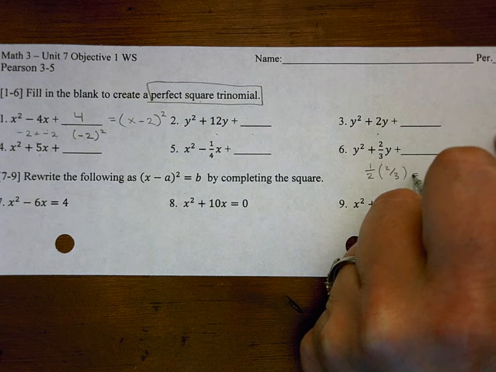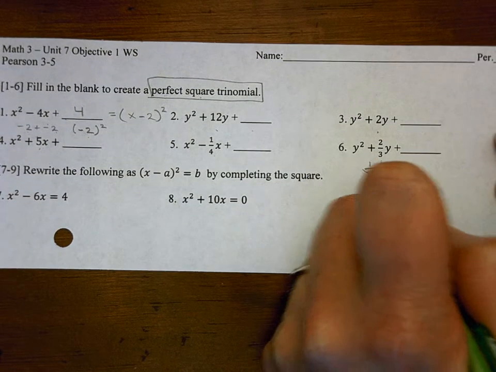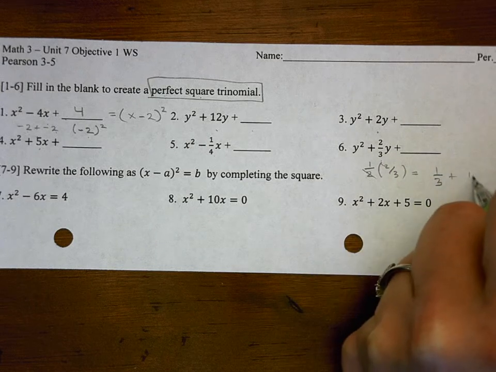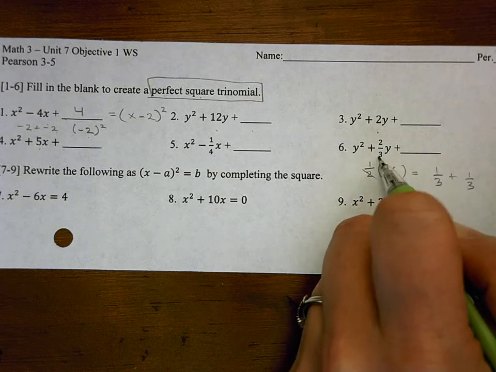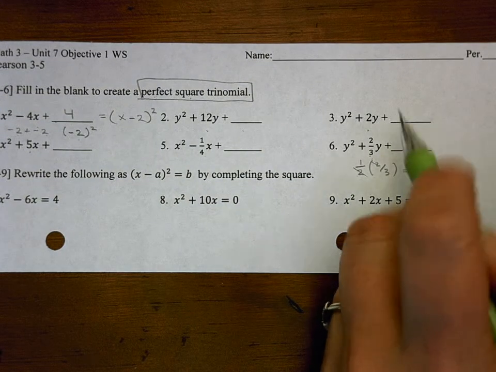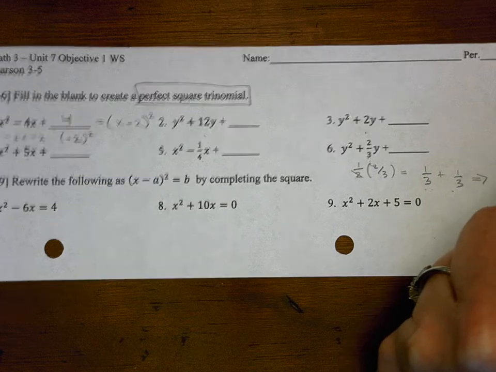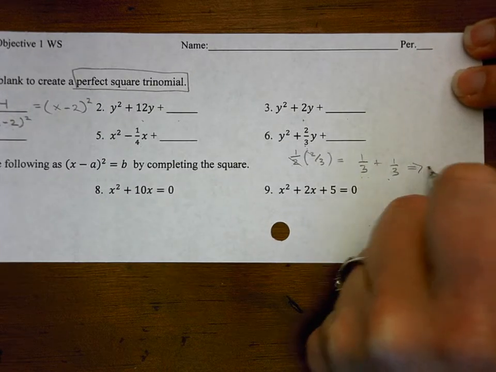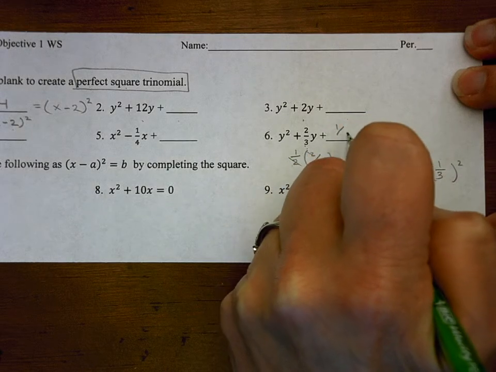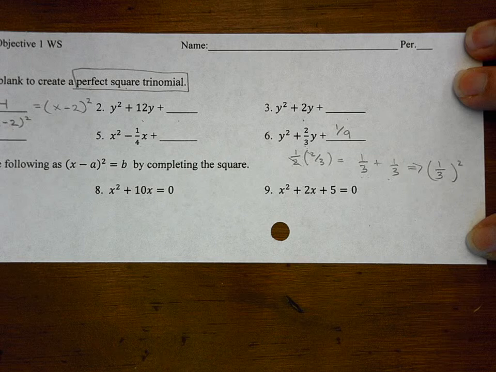If I take half of that number, this would cancel, so then I would have just 1/3. If I add 1/3 to itself, that gives me my 2/3. To find my constant, I multiply these: 1/3 times itself, or 1/3 squared, which is 1 times 1 over 3 times 3.